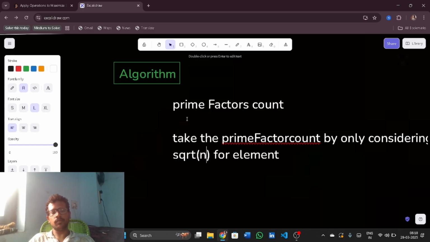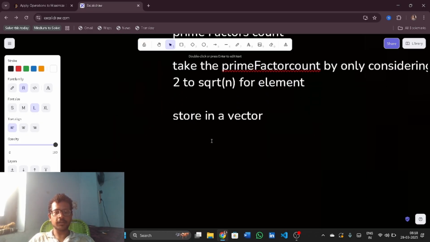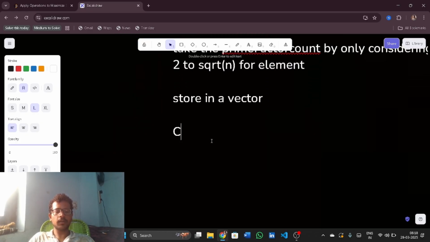I would be iterating from 2 to the square root of n for every element, and I would store it in a vector. After getting this prime factor count, calculate the next greater and previous greater.